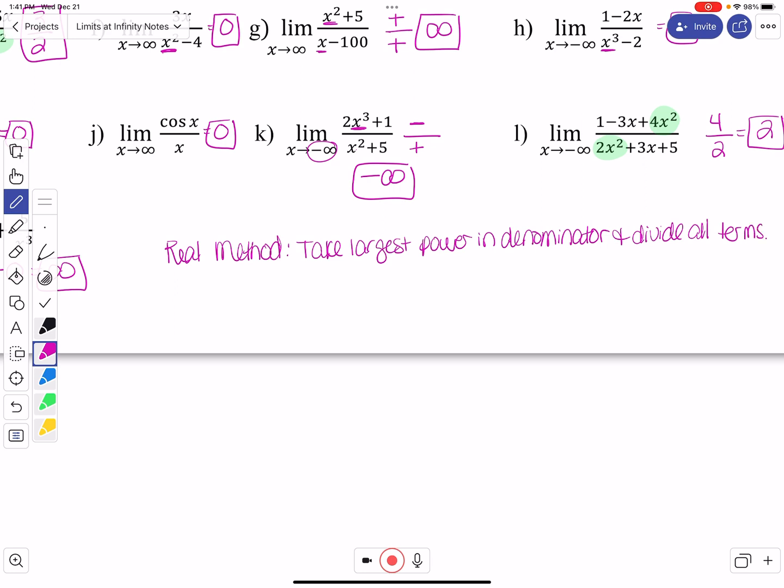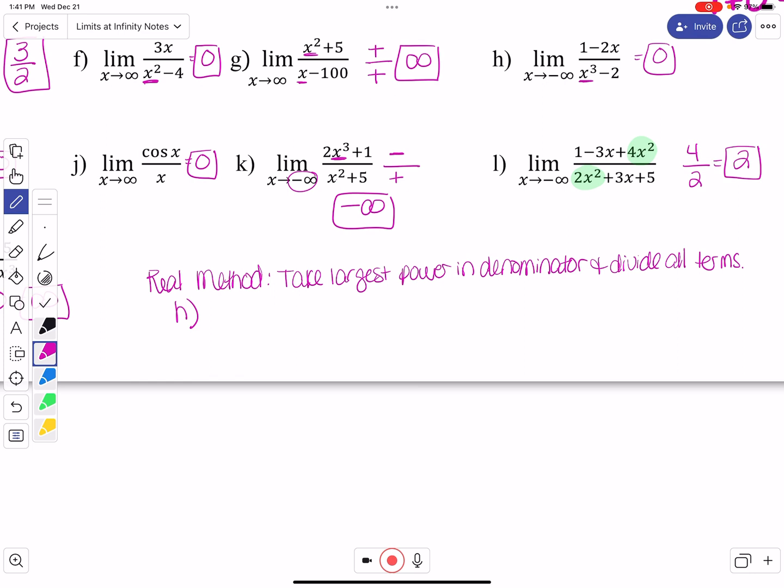This is why we use the shortcut, because this is a little bit longer. For example, if we look at H, my largest power is an x cubed. So I'd do 1 divided by x cubed, minus 2x over x cubed, and then x cubed divided by x cubed, minus 2 over x cubed.